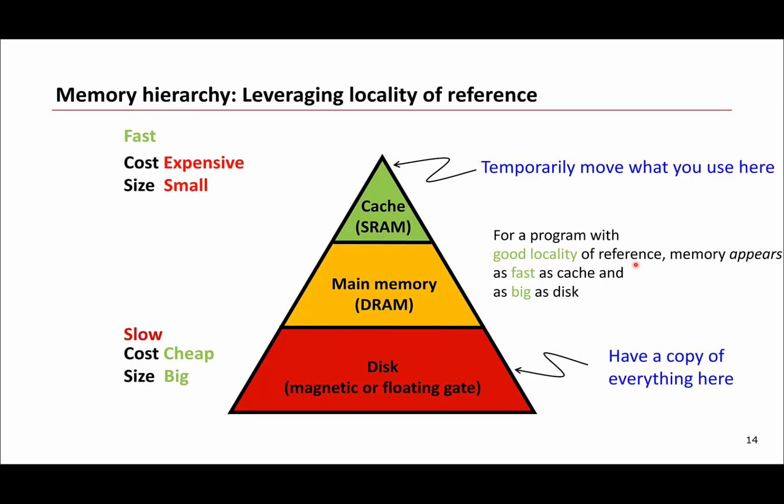We'll learn more about that later today, but essentially it allows the cache to service most of the loads and stores, thereby making the whole system appear to be as fast as this fast device. And once in a while, you reach out to the DRAM and you reach out to the disk when you need to get that rare data. And you bring it back and store it in the cache so that you get to use it in the future.